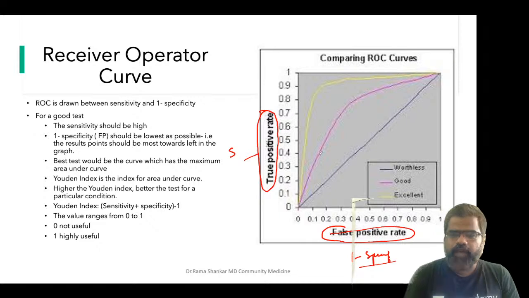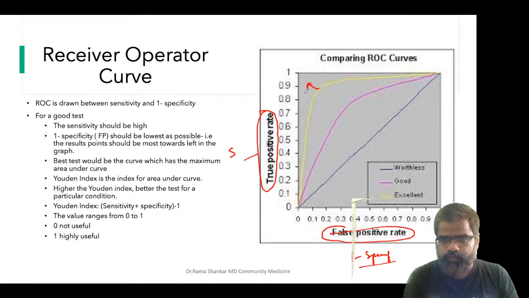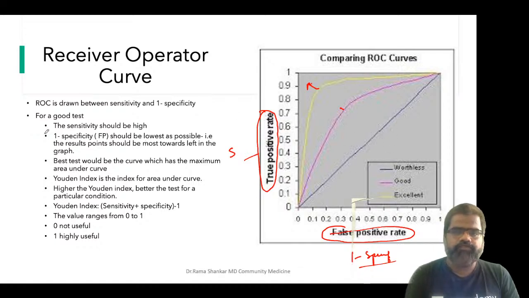So you have three colored curves here. Which graph do you want? This is the best one, excellent one, because your false positive rate is less and your true positive rate is very high. So this is normally what we envisage, what we want. We can have this, then this is the worthless one. So area under curve, receiver operator curve: for a good test, what do you want?